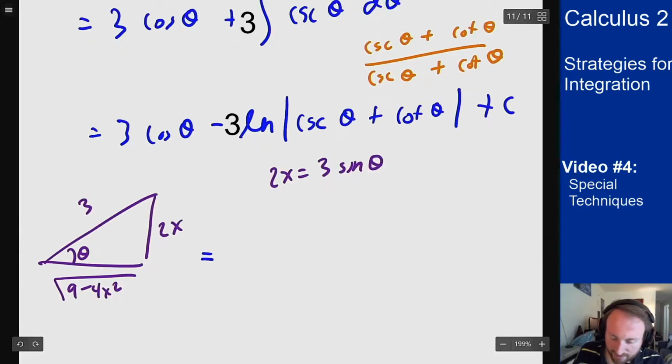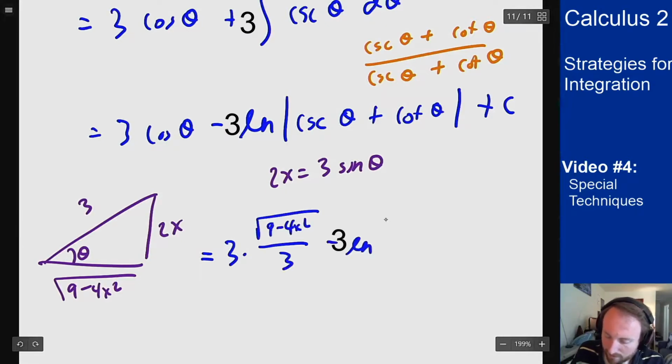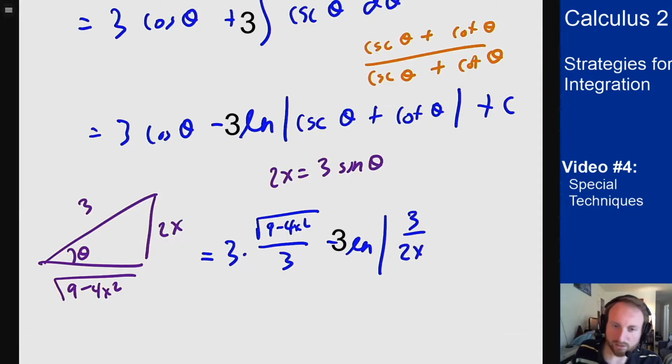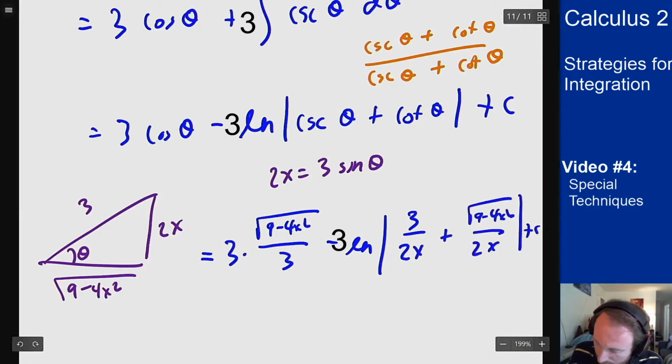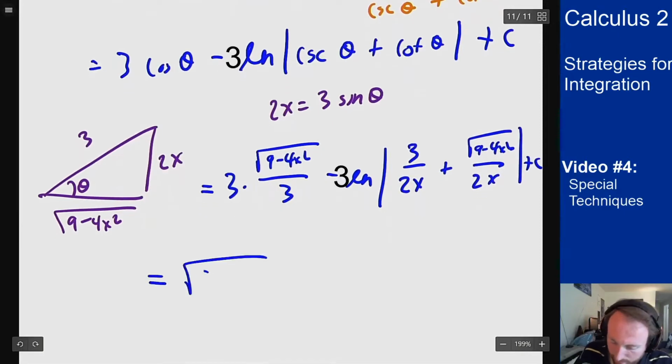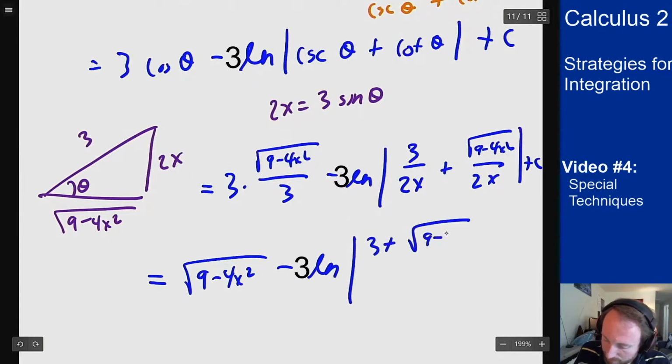So 3 cosine theta becomes 3 times root 9 minus 4x squared over 3, minus log of cosecant, which is hypotenuse over opposite, plus cotangent, which is adjacent over opposite, plus C. And simplifying it out, root 9 minus 4x squared minus log of 3 plus root 9 minus 4x squared all over 2x.